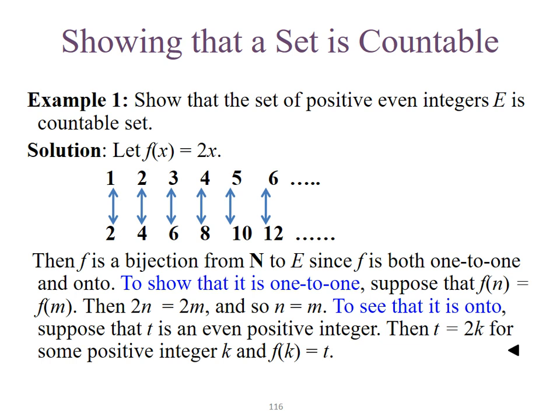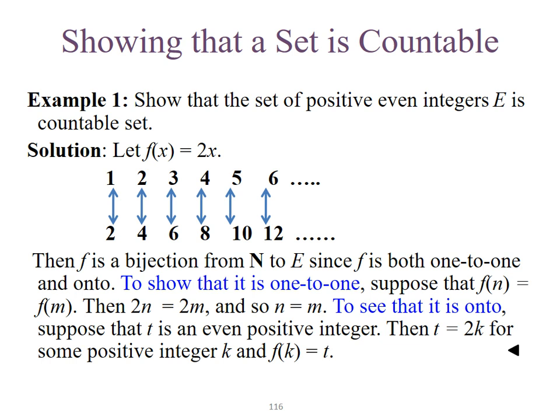This will be easy with the function f(x) equals 2x. If 2n equals 2m, then n equals m. That means two different elements cannot be mapped from the same element in set A. Then we can prove that this is a one-to-one function.